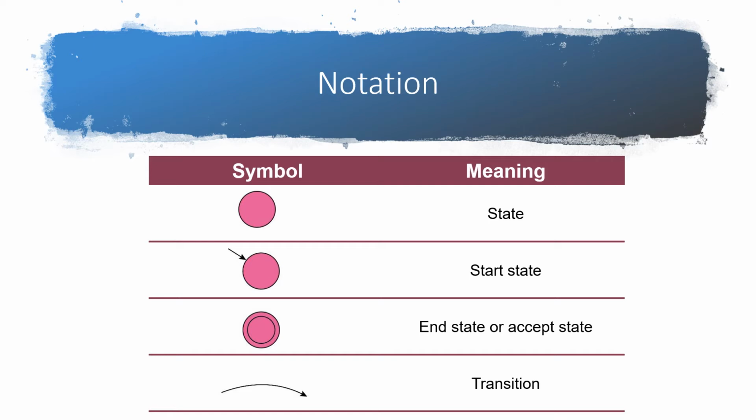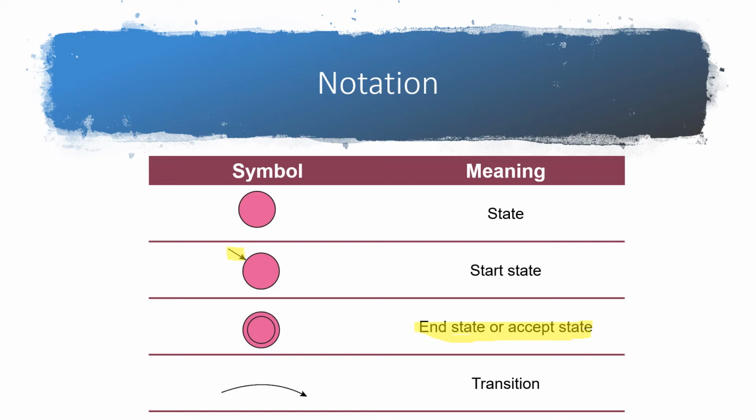So it's the arrow that makes it the start state. You can see here we've got this arrow. That arrow is what makes it the start state. And then we've got the next one. The end state, or the accept state, is shown by a circle with an inner circle.